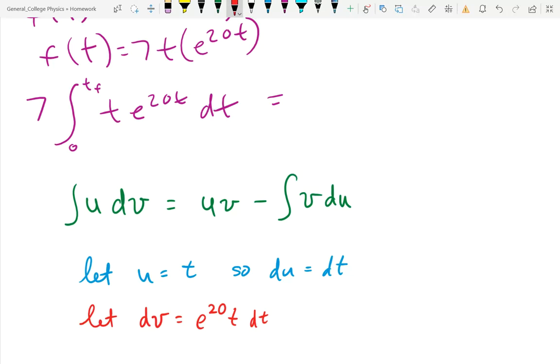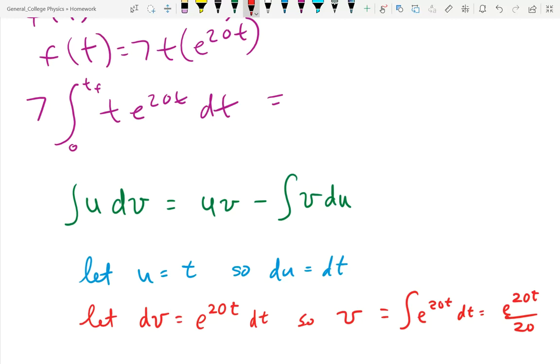And so now I'm going to integrate this, and this is the integral that Nathan was going to start to do. If I integrate e to the 20t dt, that's equal to e to the 20t over 20. And so that's what my function v is.